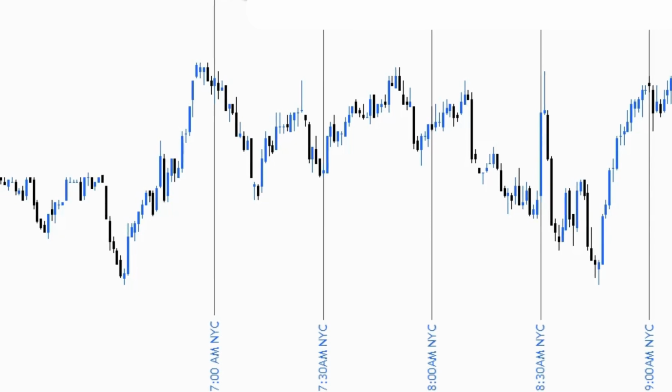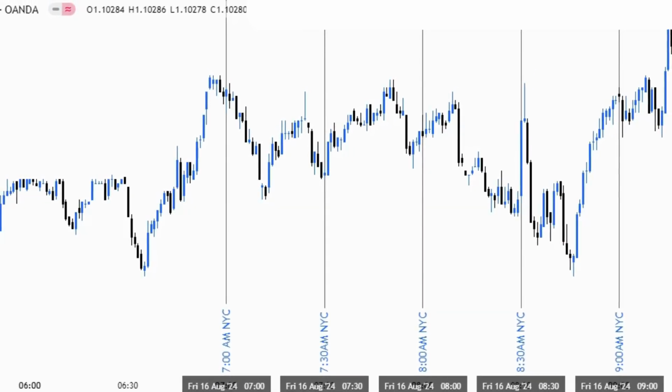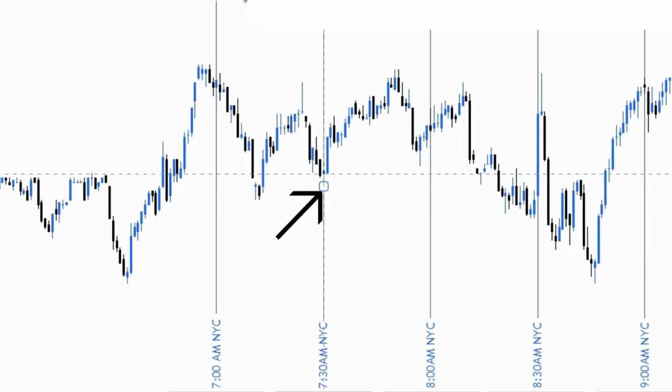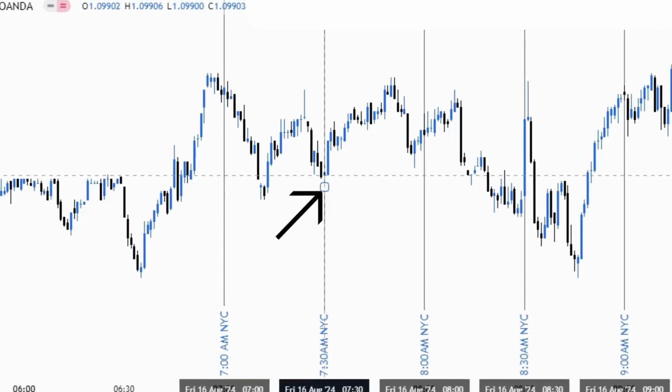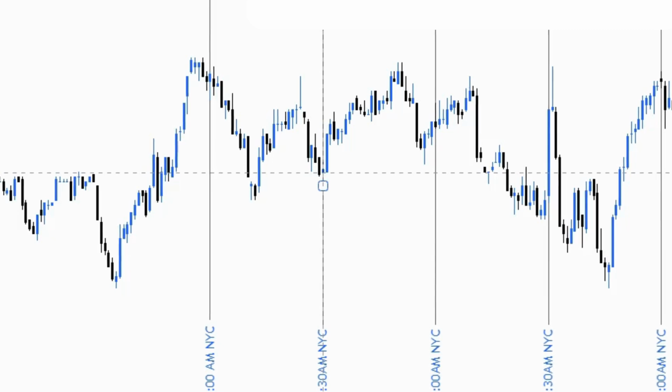So we are looking at the Euro USD chart for the 16th of August 2024. Pre-open range, opening range. Price moved below, it came up, moved down, and right here we start the hunt for equal highs or equal lows, relative equal highs or relative equal lows at 7:30.